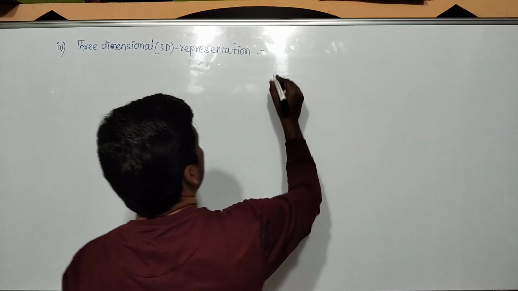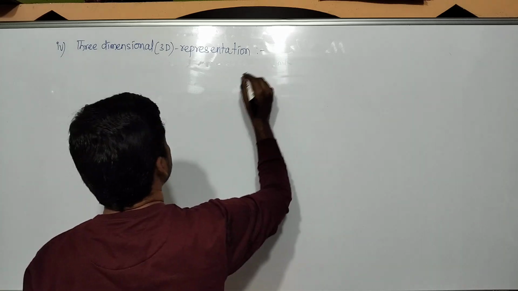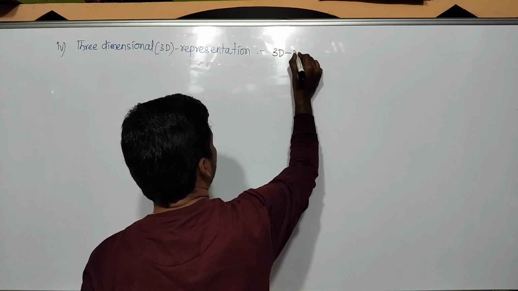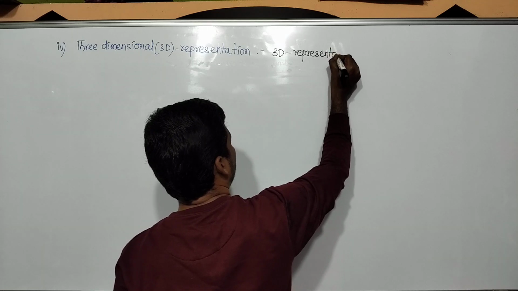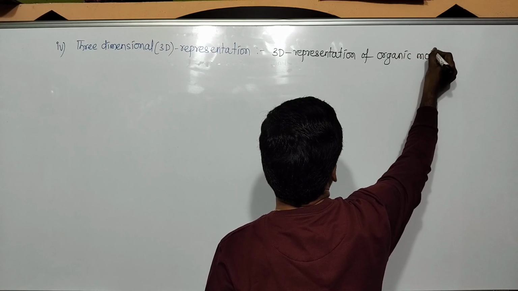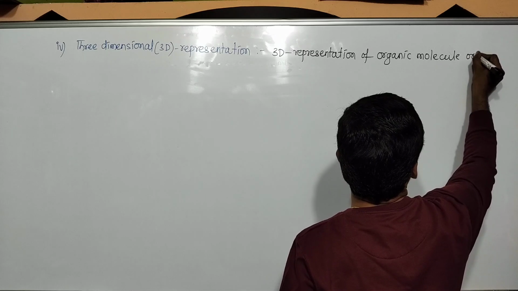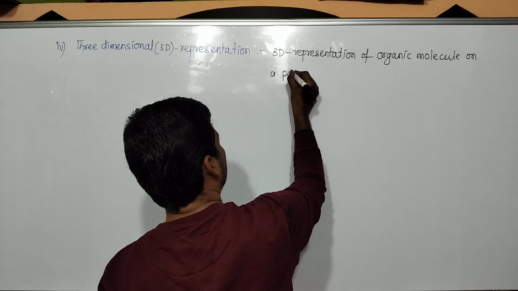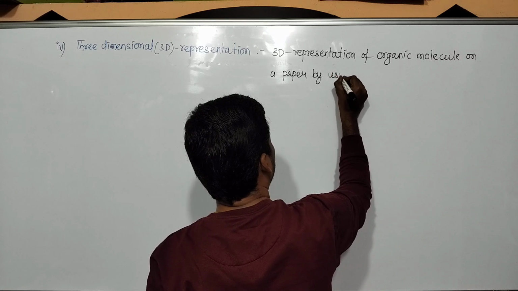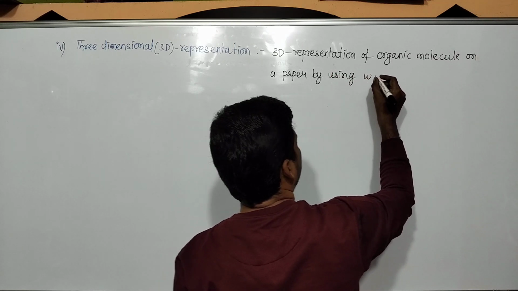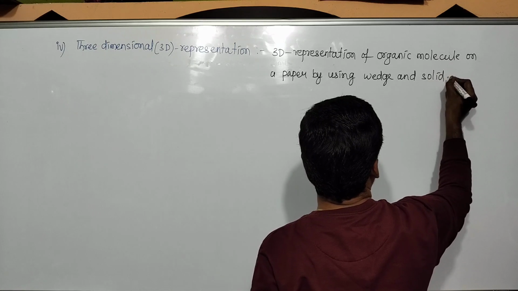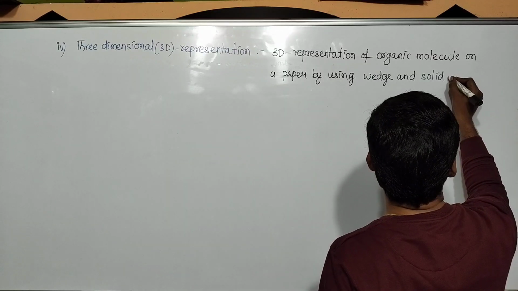How will it be? Three-dimensional representation of an organic molecule on paper by using wedge and solid dashes.